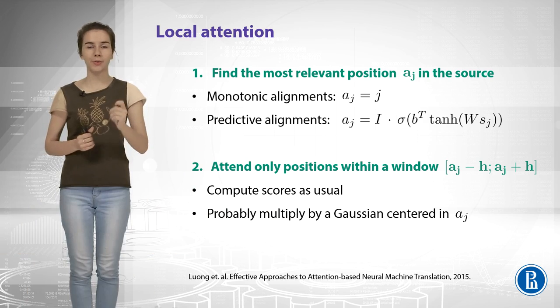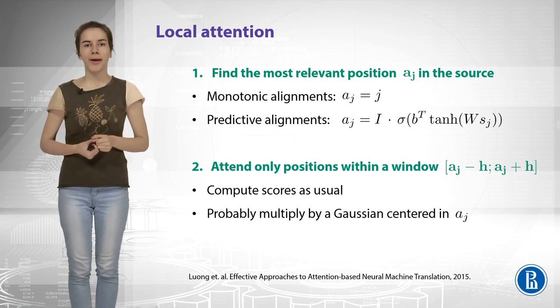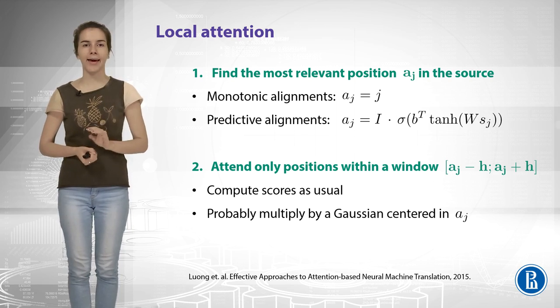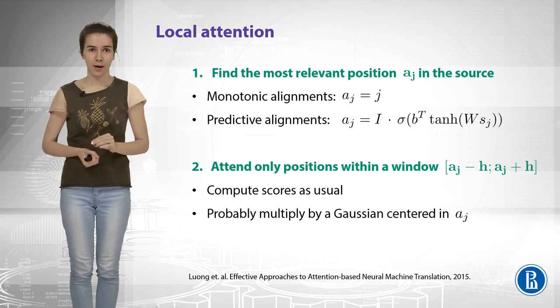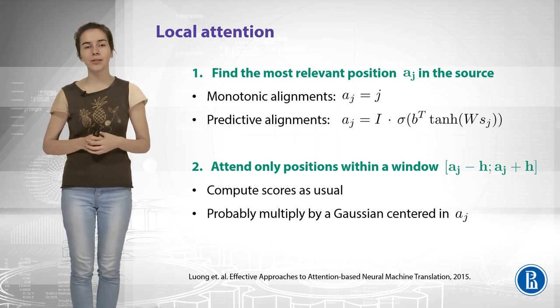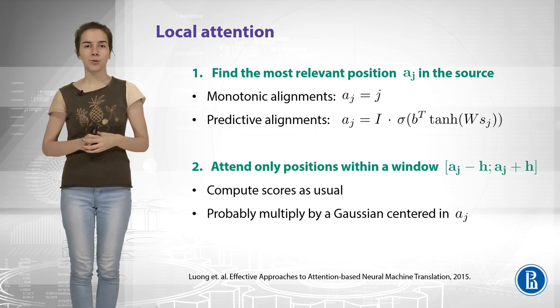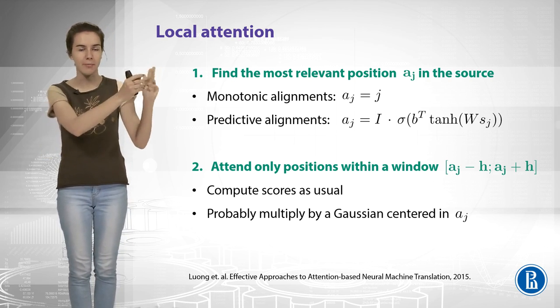Now, first, how can you predict the best place? One easy way would be to say, you know what, those matrices should be strictly diagonal, and the place for position j should be j. Well, for some languages, it might be really bad if you have some different orders, and then you can try to predict it. How do you do this? You have this sigmoid of something complicated.